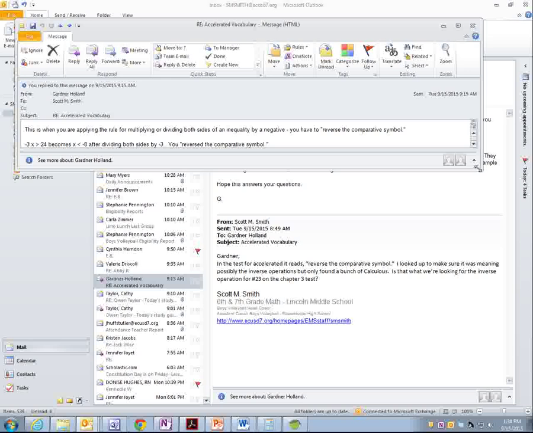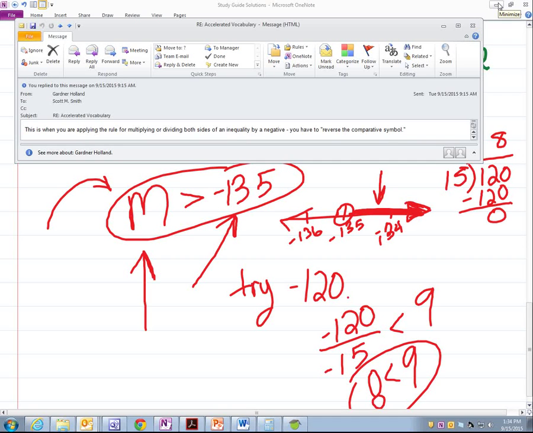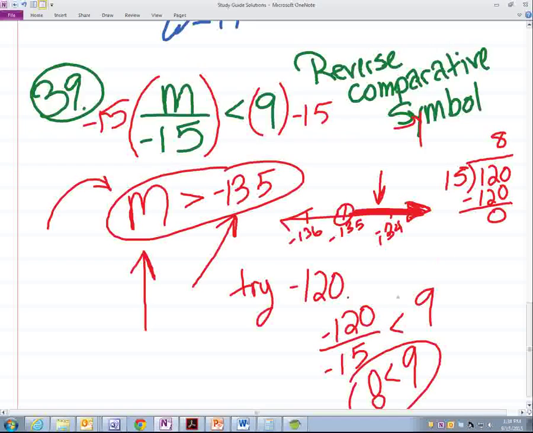So this is really small, but when you're applying the rule for multiplying or dividing both sides of an inequality by a negative, so it's just whenever you multiply or divide by a negative, that is reverse the comparative symbol. So comparative means something is being compared, which is exactly this. Less than, greater than, equal to. It's comparing the two, right?